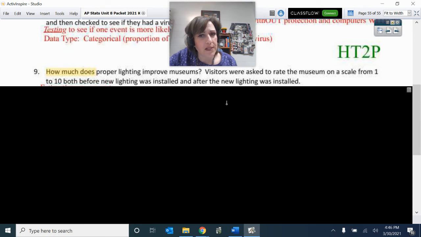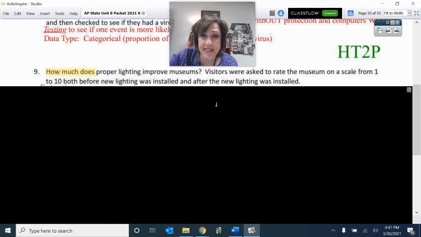So I as a person gave a rating before and after, and my opinion is compared to my own opinion, so I'm paired. Plus it's a numerical value from 1 to 10, so that's a quantity. Thank goodness, because you can't pair proportions. You can only pair means. So I'm thinking paired data.